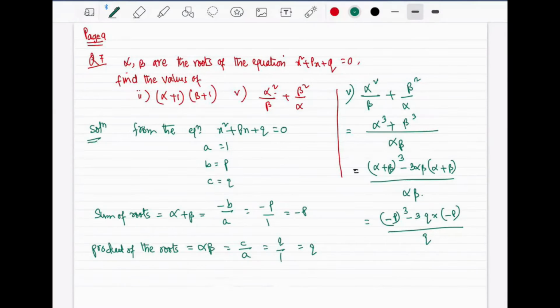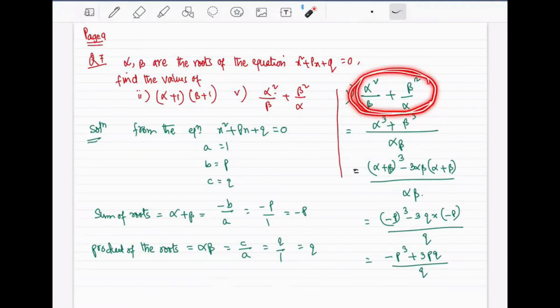So (minus p) whole cube, since it is an odd power, there will be a minus sign in front: minus p cube. Multiplying the minus and minus sign, we are getting plus 3pq divided by the denominator q. No need to change anything here. So we have calculated the value of this.